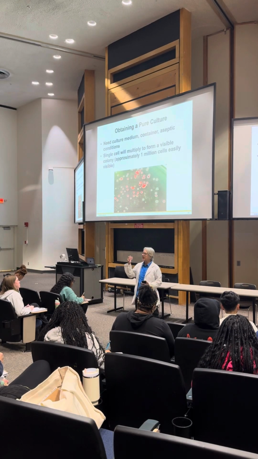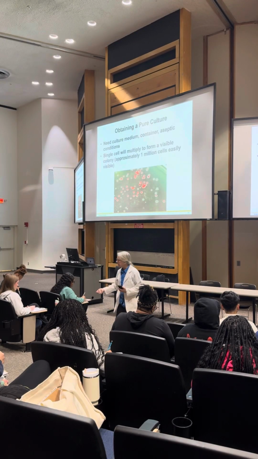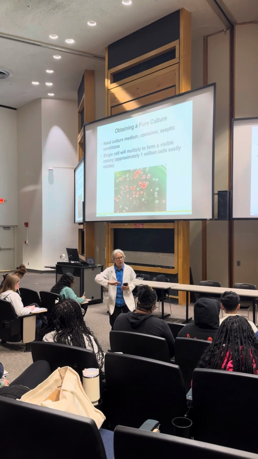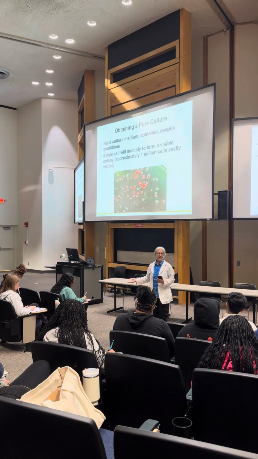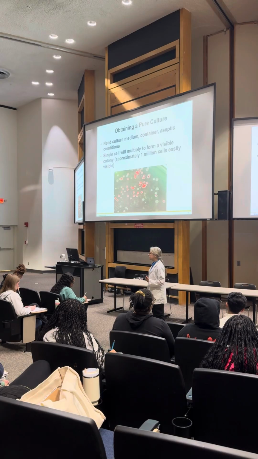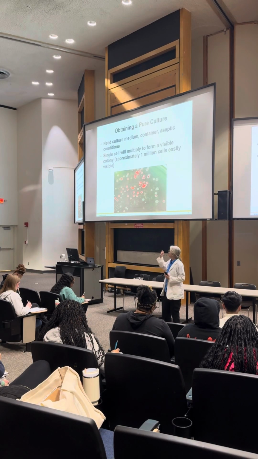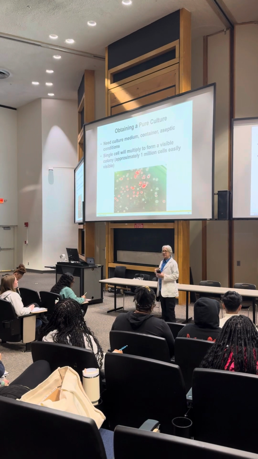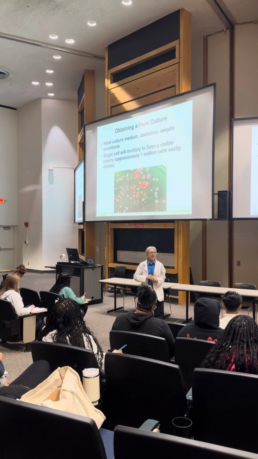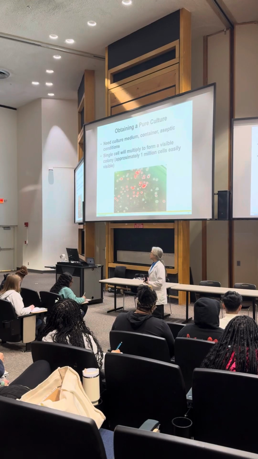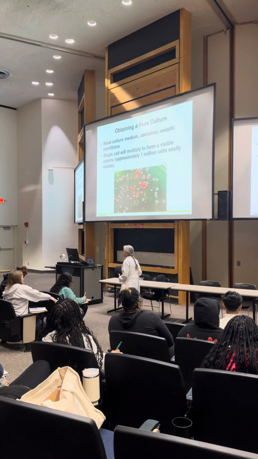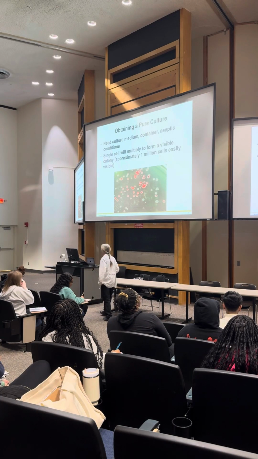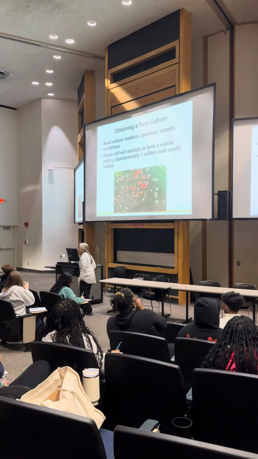You're going to take something you can't see, put it on the growth medium, incubate it, let it grow a little bit until you can see it. And sometimes you'll do something called a colony count, where you count the number of little areas that are growing, and that gives you an estimate of the number of cells there based on 1,000,000 cells easily seen. So it's just a little way that you can count it and give you an estimate of the growth.